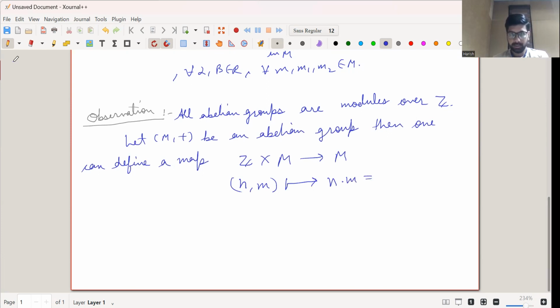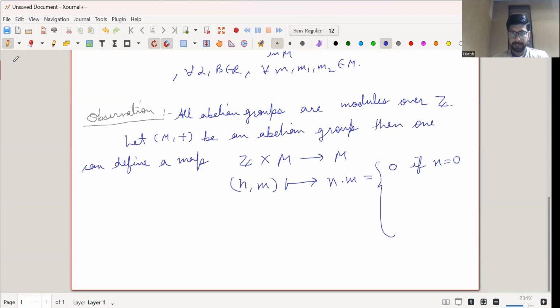So how can you define n dot m? This is equal to 0 if n is equal to 0. Okay, so 0 times m you will say 0, and m as an additive operation, right?